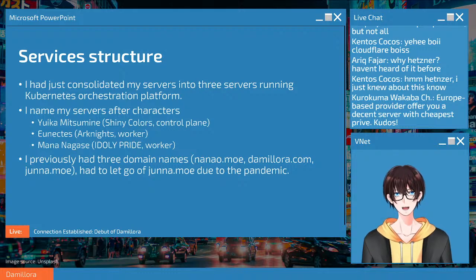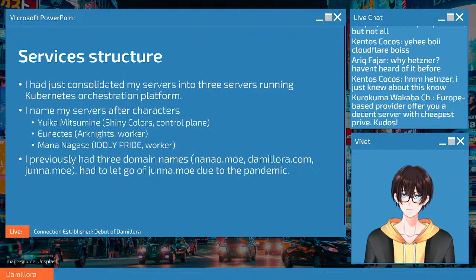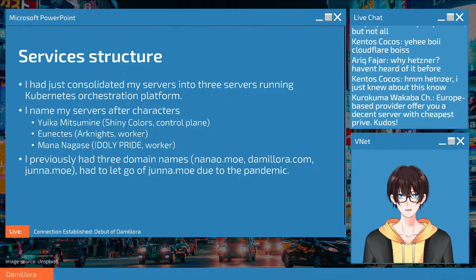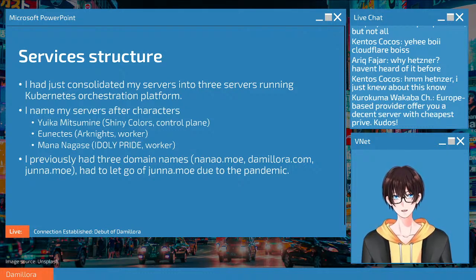The control plane is named, of course, Mitsumine Yuika. And the worker servers, I named them quite curiously actually: Unectus, the Arknights operator, and Mana Nagase from Idoly Pride. For some reason, I have started naming things after Idoly Pride characters, so that was something.